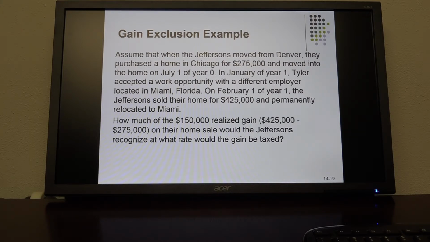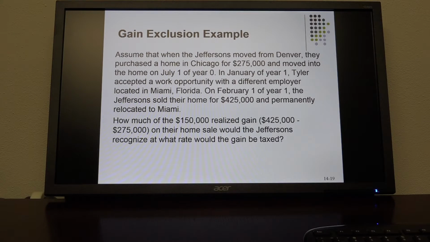On February of year 1, the Jeffersons sold their home for $425,000 and permanently relocated to Miami. How much of the $150,000 realized gain on their home sale would the Jeffersons recognize? At what rate would the gain be taxed?